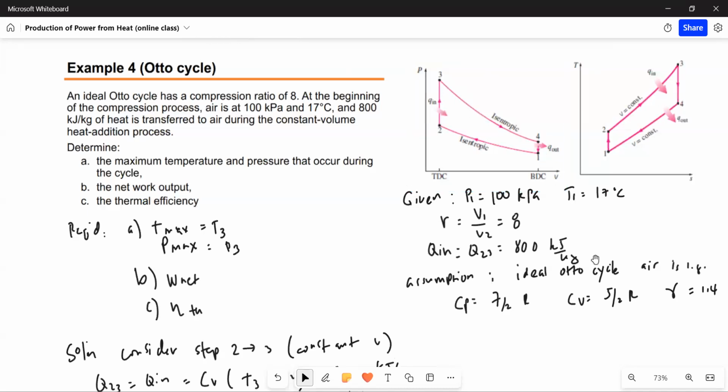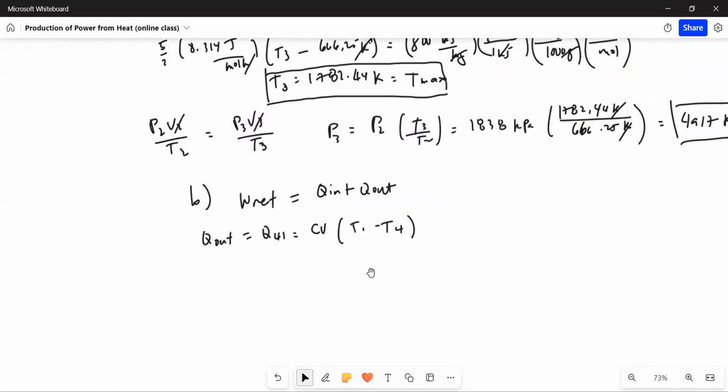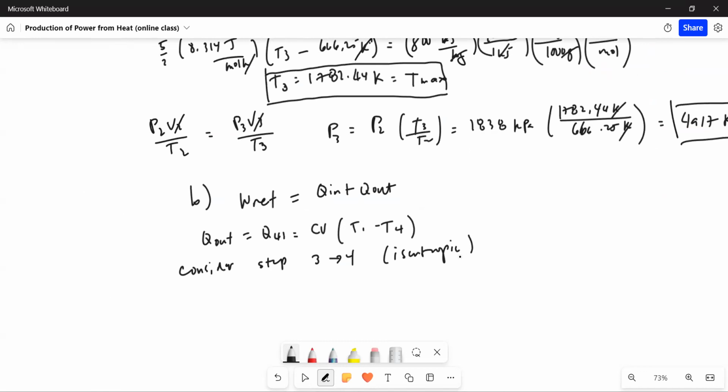We can utilize this step to know T4. It's an isentropic process. Therefore, consider step 3 to 4, which is an isentropic process.